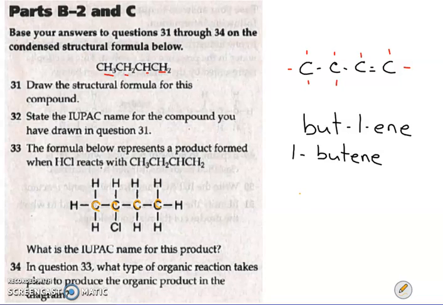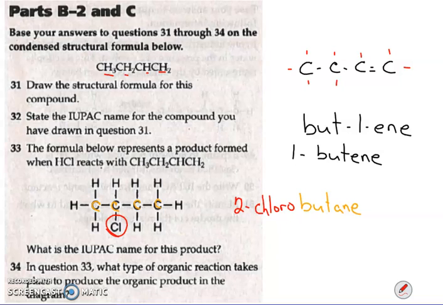It's going to be but, and now it's all saturated, so it's going to be butane, all single bonds. And then we have the chlorine here. We have this chlorine on the second carbon, so we're going to call that 2-chlorobutane. The 2 tells you on the second carbon something's happening, and then right after it says it's a chloro. On the second carbon, there's a chlorine.